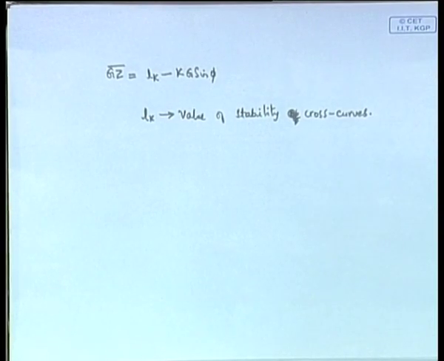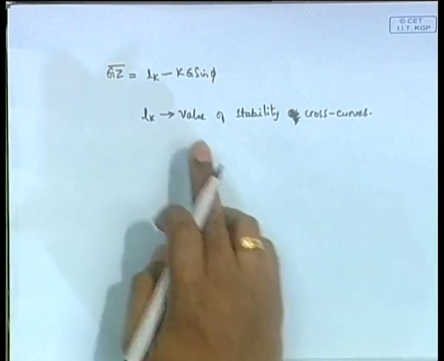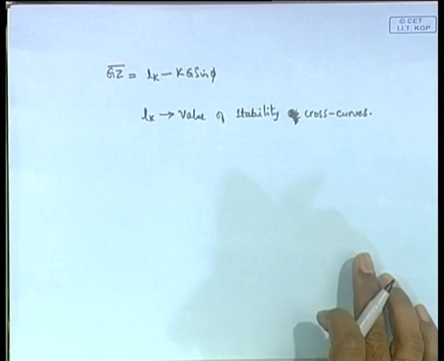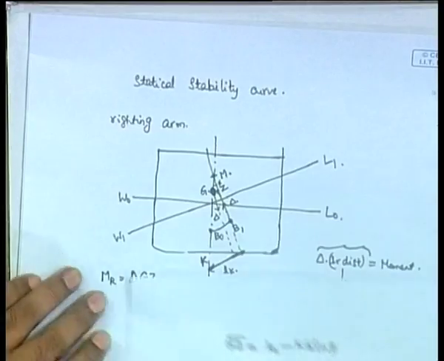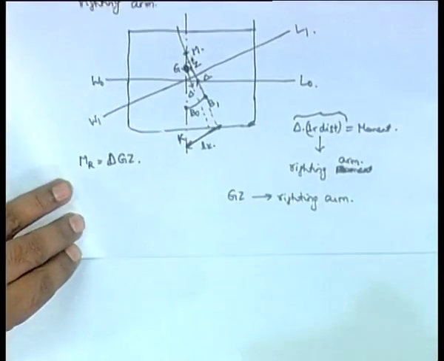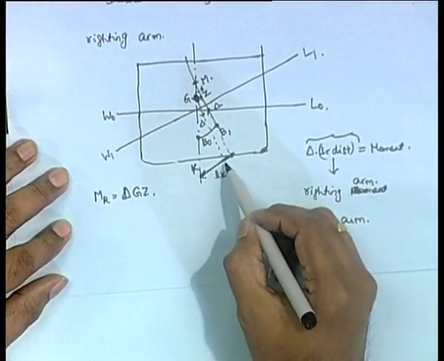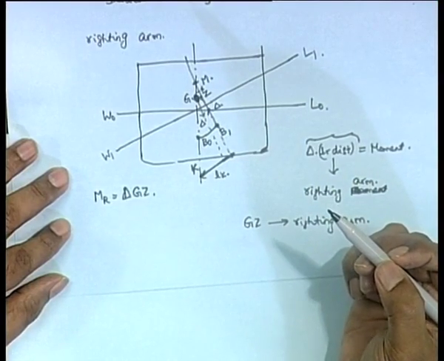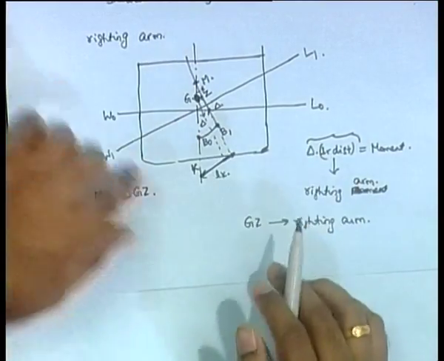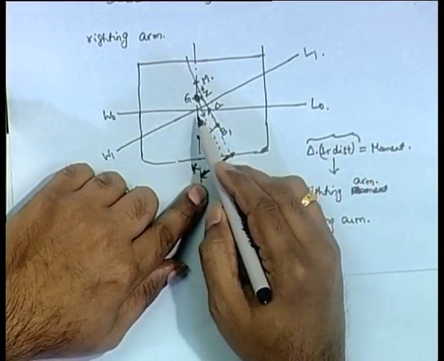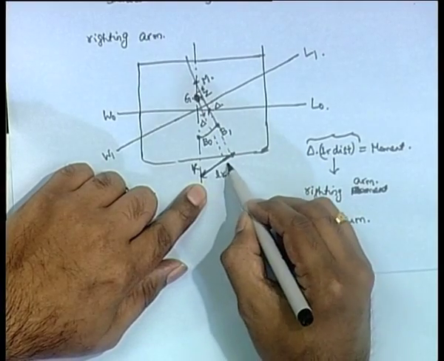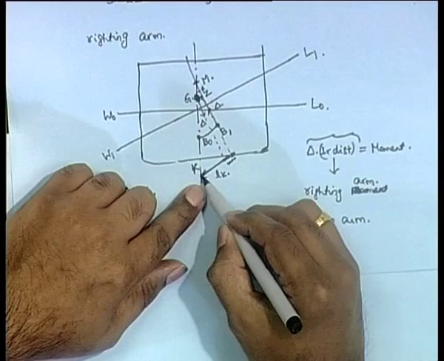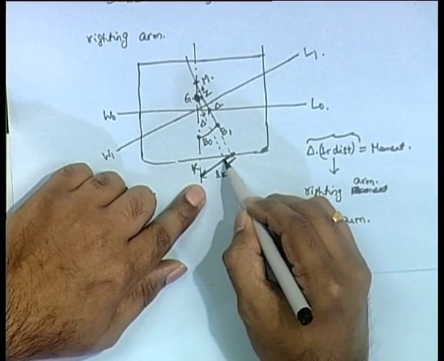It is also known as the lever arm of stability of form, whereas this KG sin phi, you see how it has become LK minus KG sin phi, right. If you want, you can look at the figure again. Now, what we want is GZ, it is this distance, it is equal to this whole distance minus this much distance.